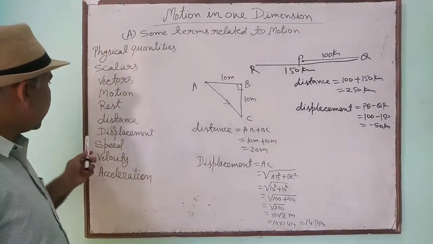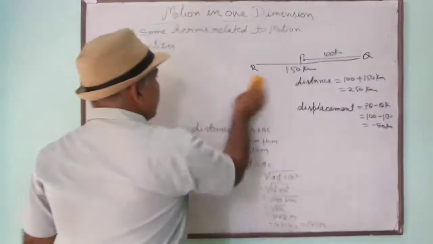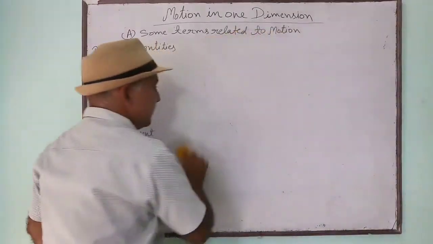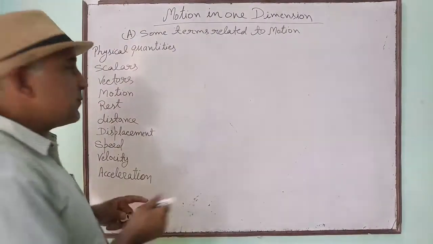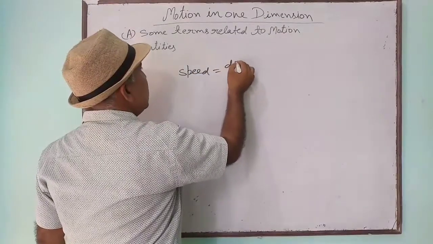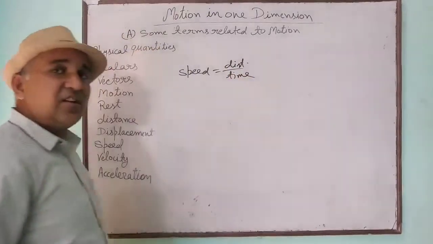Then we studied speed and velocity. What was the speed, children? Speed is equal to distance upon time. This is the formula.